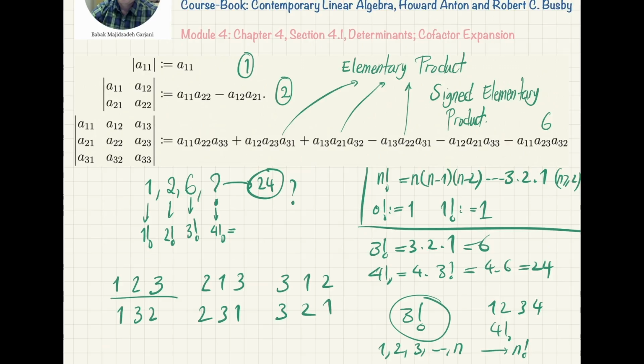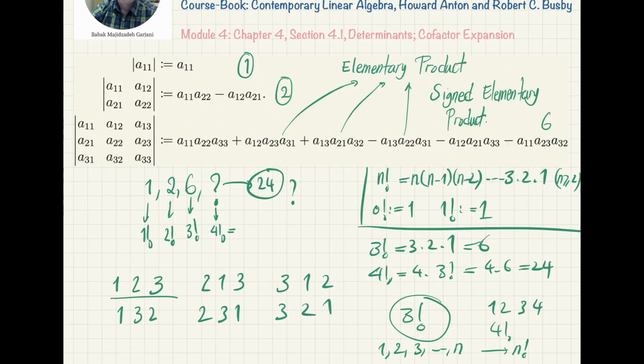Figuring out when an elementary product is accompanied with a positive sign and when it is accompanied with a negative sign is a little bit more technical. That I want to talk about now. We want to discover a pattern that the signs accompanying the elementary products obey. What is the idea?